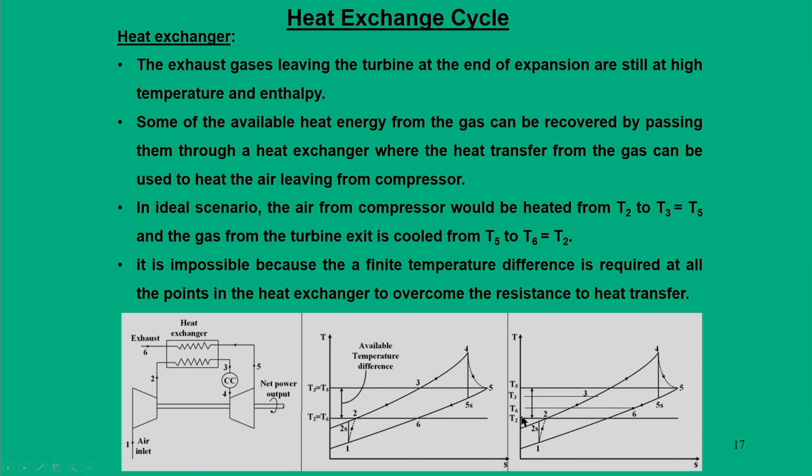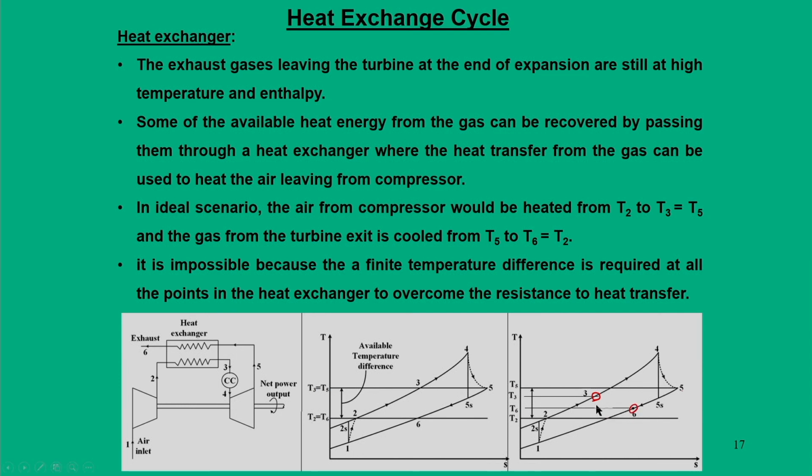But in an actual cycle, heating cannot go up to point 5; we will land at point 3, and the exhaust gas instead of getting cooled to temperature T2 stops at point 6.